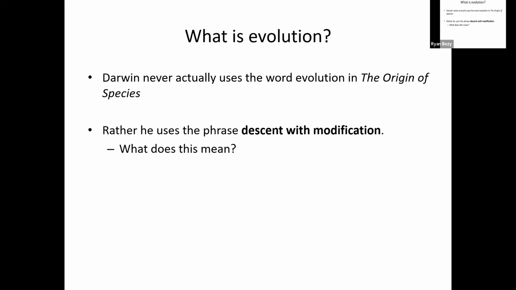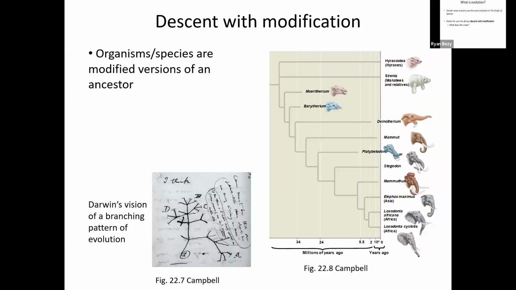And descent with modification, what does that really mean? I've already kind of hit this, but it means organisms or species are modified versions of their ancestors. They're similar to the ancestors, but they are modified and different in some way.